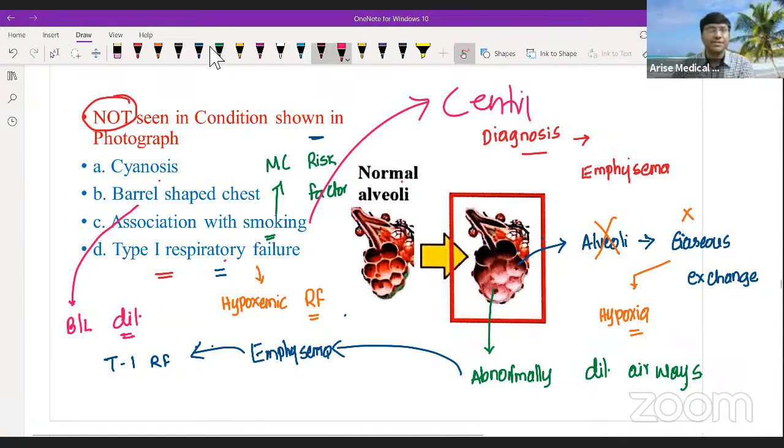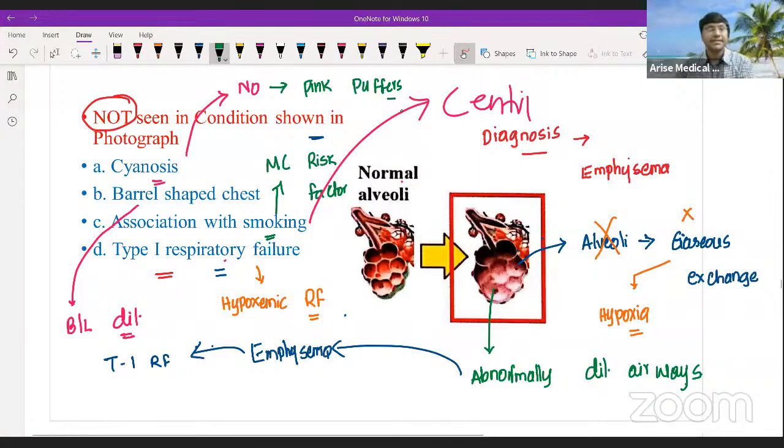And in these patients with emphysema, there is no cyanosis. Because there is no cyanosis, remember, they are called pink puffers.